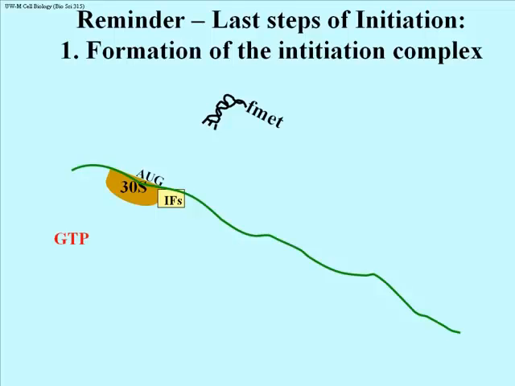So here's this reminder. In this context, it was possible to isolate the F-met-tRNA sub-F-met, that is the formyl methionine tRNA, with its anticodon to AUG, which is the code word for methionine. It was possible, you may recall, in a prior experiment, to actually assemble a 30S or small E. coli ribosomal subunit with a message using the appropriate initiation factors, which could be isolated from the cytosol of a cell.